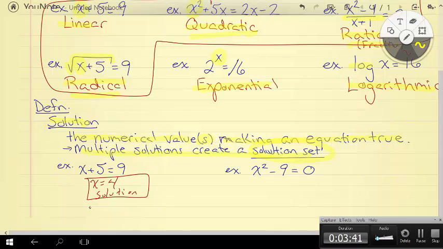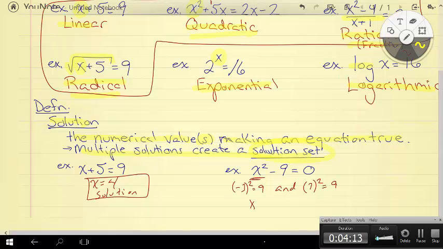In this next one, a number squared, take away 9, is equal to 0. If we take away 9 to get 0, this quantity, x squared, would have to be 9, because 9 minus 9 makes 0, and there are 2 values such that we get 9. Negative 3 squared gives us 9, and positive 3 squared gives us 9.